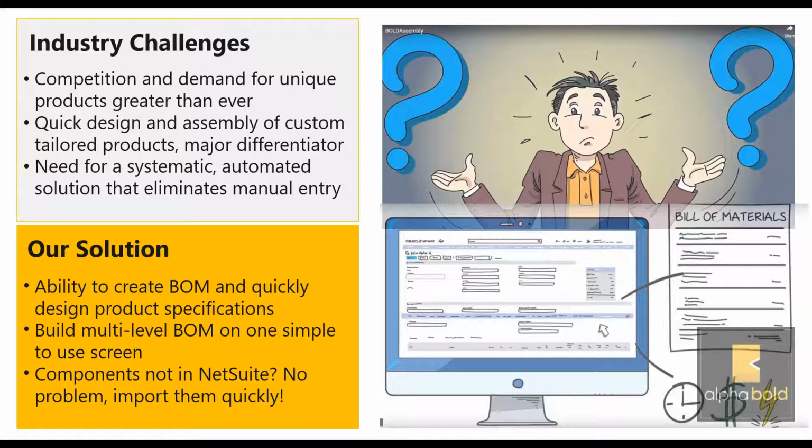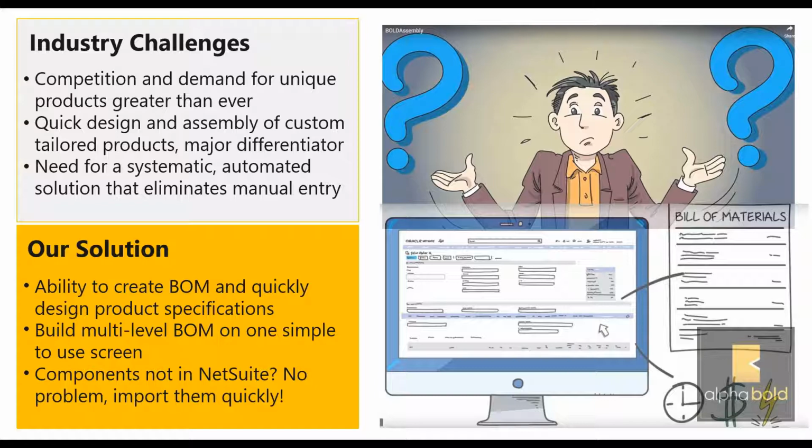They're all saying that demand for unique, custom tailored products is greater than ever, and that that's one of the major differentiators in the market. So what's important in this market today is that in order to meet that demand for custom tailored products, our design is quick, and we're able to quickly assemble and produce our finished goods so that we can get them out on the market.